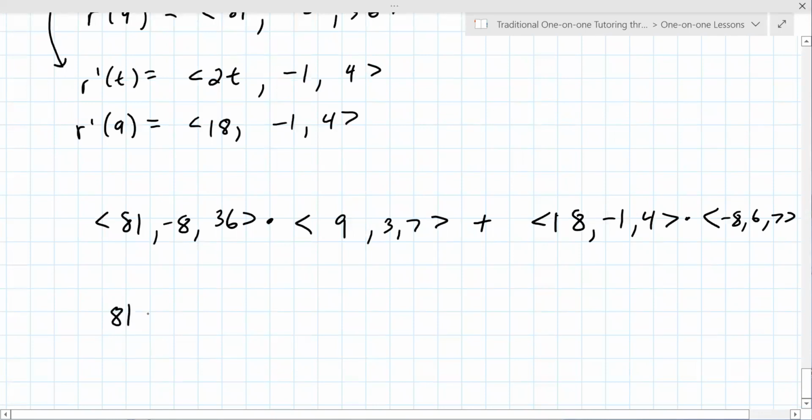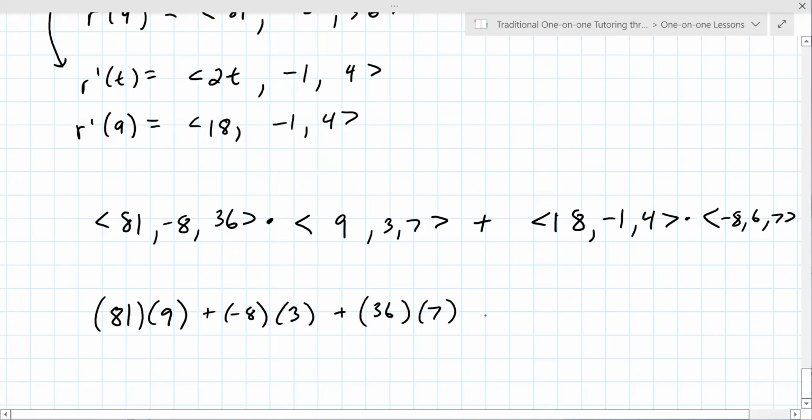So it's 81 times 9, plus negative 8 times 3, plus 36 times 7, plus 18 times minus 8, plus negative 1 times 6, plus 4 times 7.